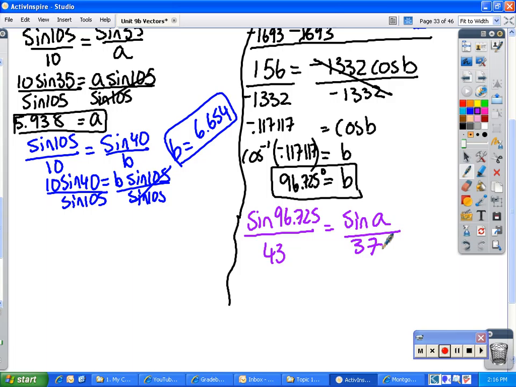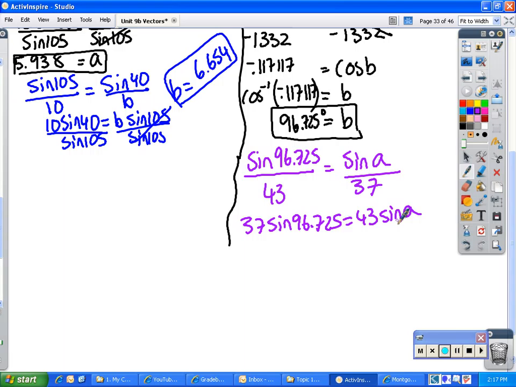All right, law of sines is so much easier. We just cross multiply: 37 sine of 96.725 equals 43 sine of A. All right, we want to find out angle A. It's stuck to this sine, so we're going to have to do something about that. But first of all, we can get rid of that 43 by dividing.